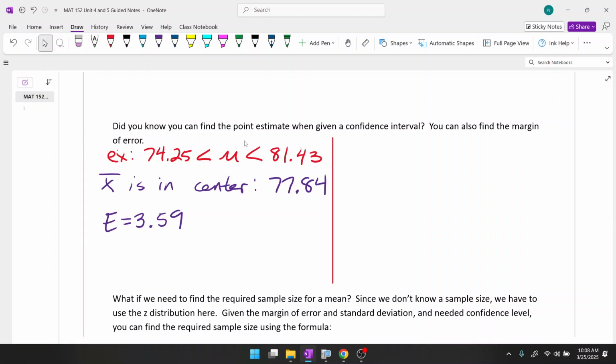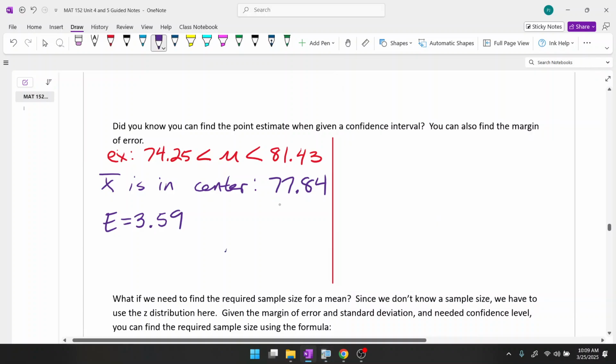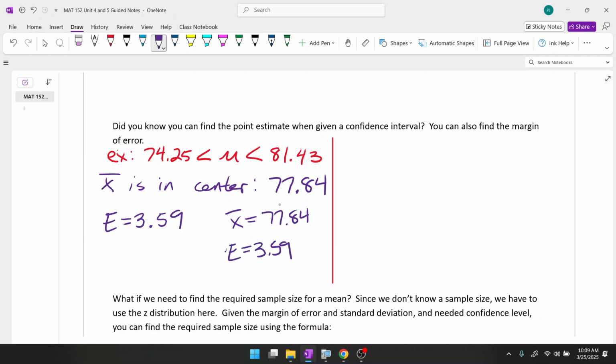But another way you could do this would be to take the whole distance and divide that by 2, that gets you your margin of error that way. So basically your point estimate, which is the sample mean, is 77.84. Your margin of error is 3.59.